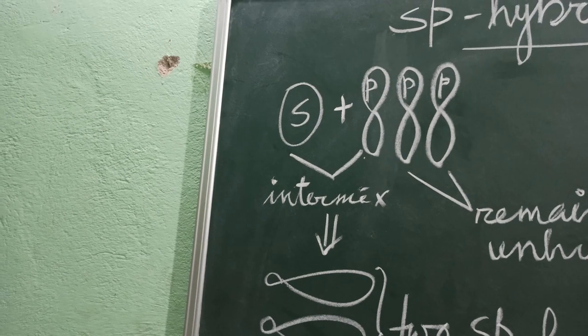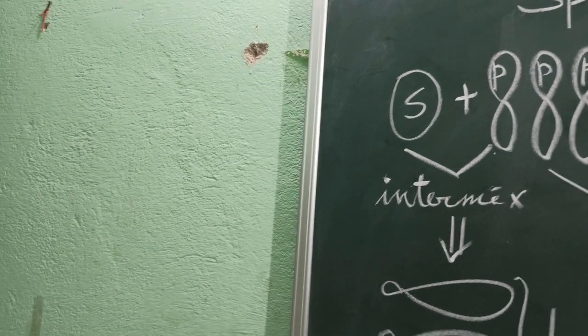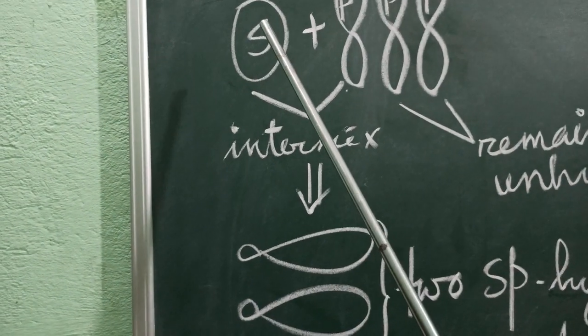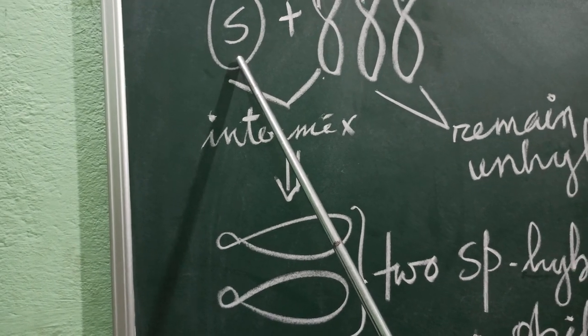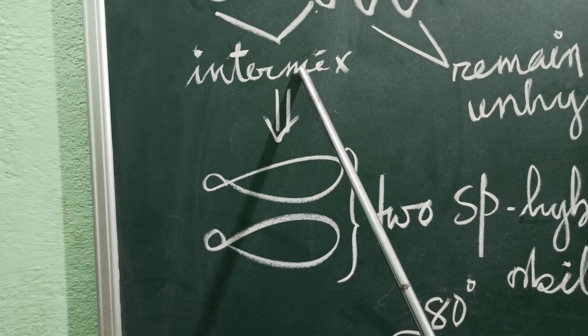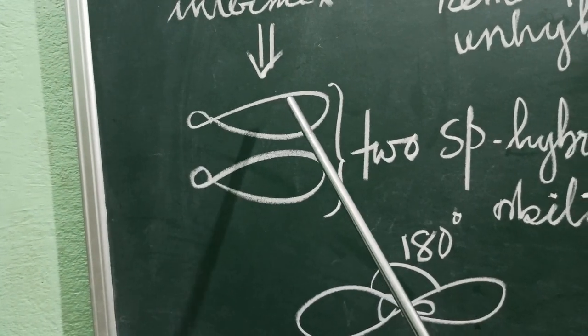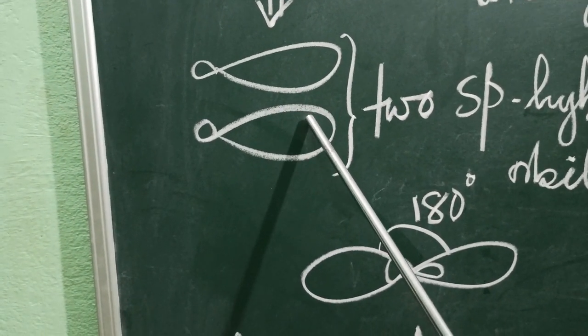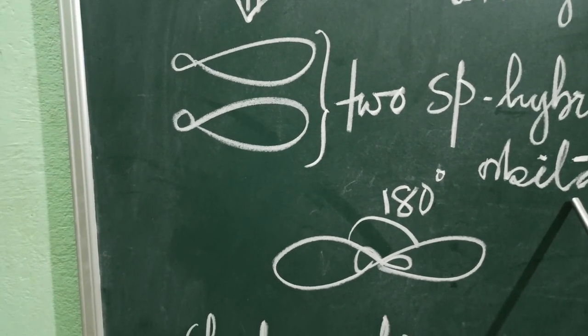You see here, one s orbital and one p orbital intermix with each other to give two sp hybrid orbitals.